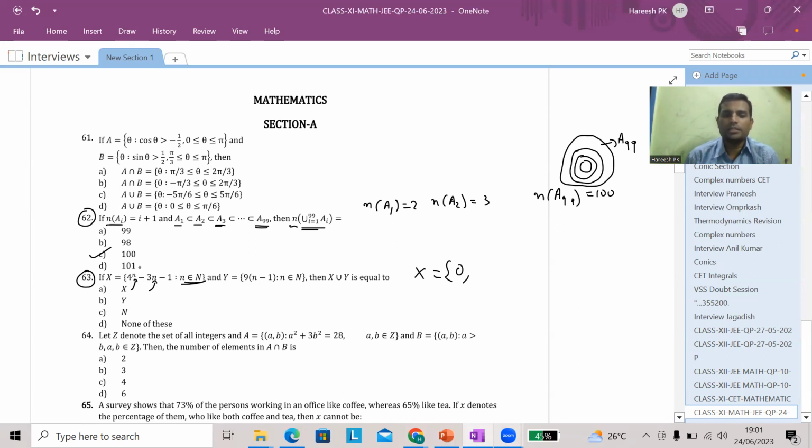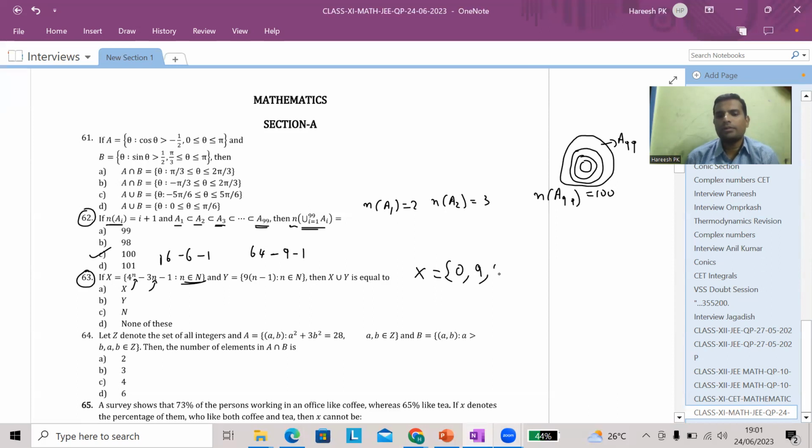Then when you put n as 2, you'll get 16 minus 6 minus 1. That is 9, right? Then put n as 3. When you put n as 3, you'll get 4 cube, which is 64, minus 3 threes are 9, minus 1.